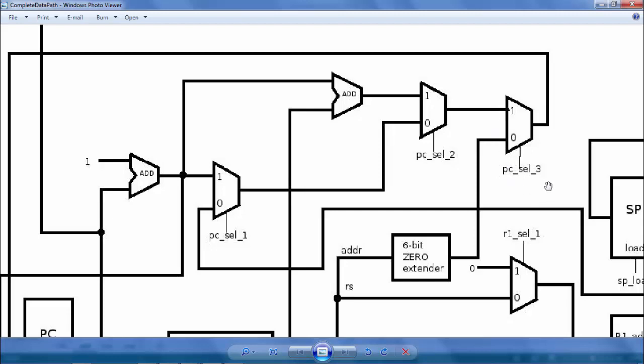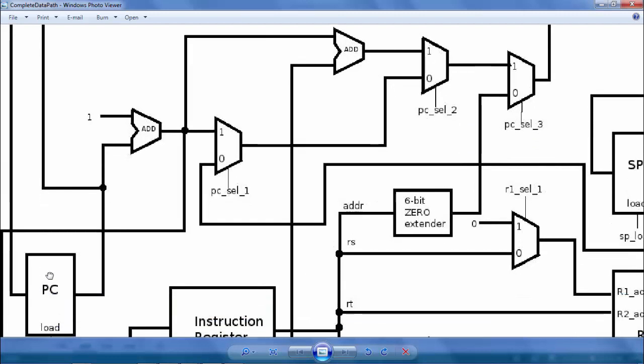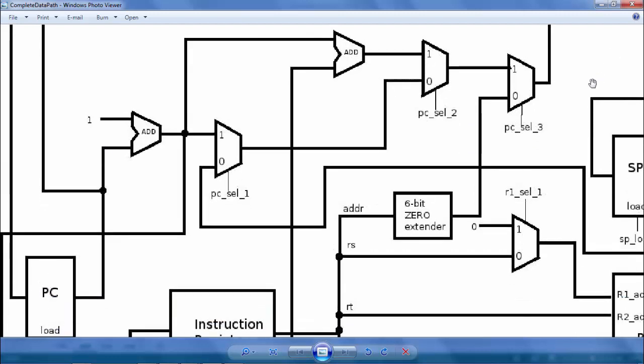So PC select 3 is one of the control signals controlling the value of the program counter. Tracing back this input, there is nothing controlled, just a 6-bit zero extender. The other path is another multiplexer here, so PC select 2 is also controlling the value of the program counter in the next cycle.